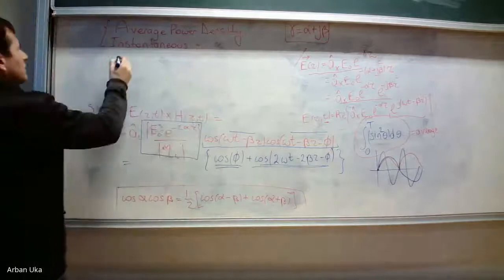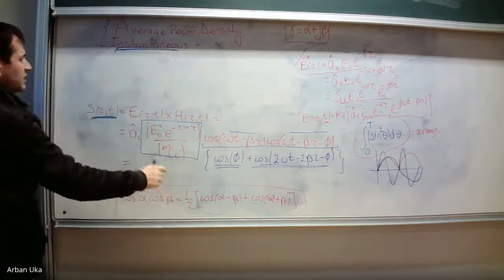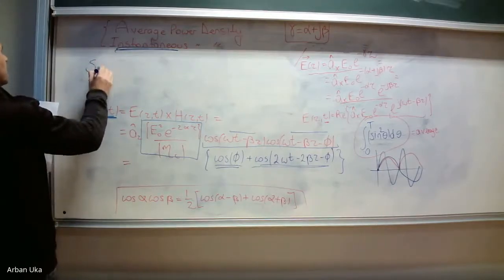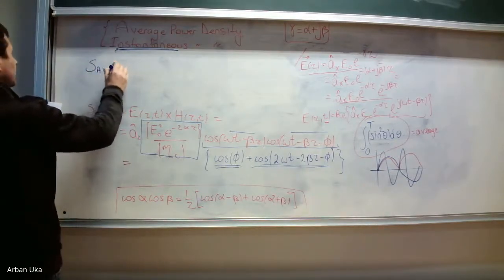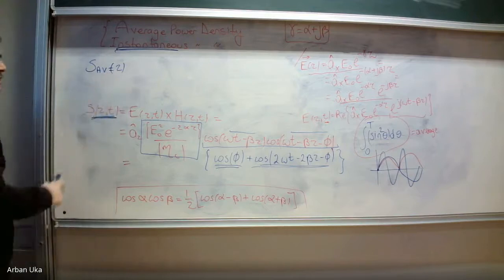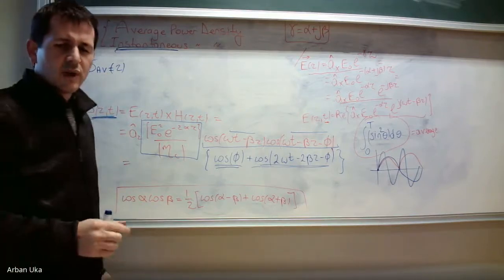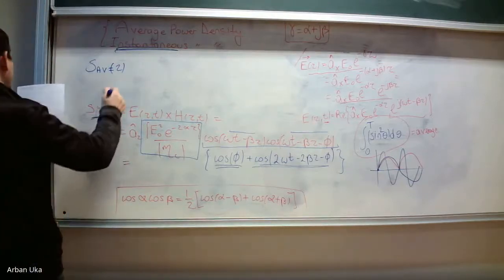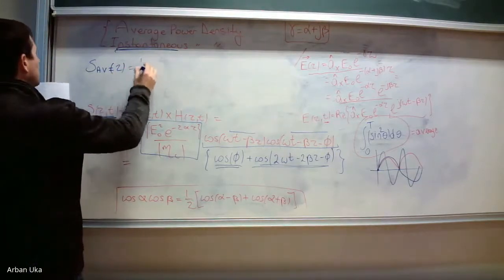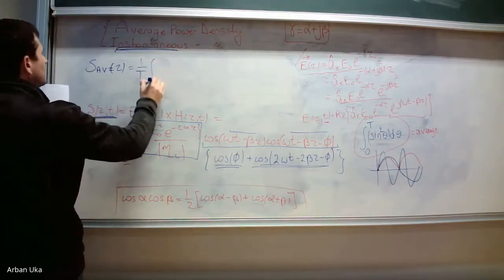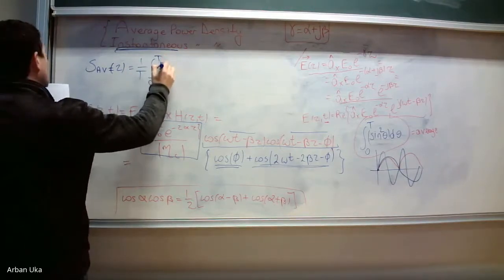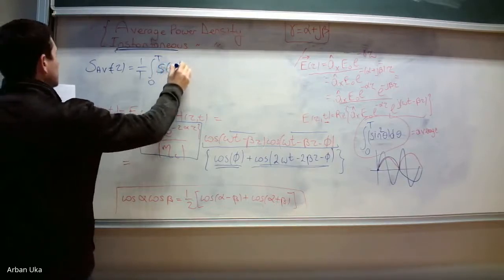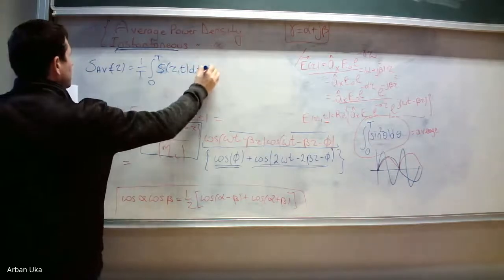So instantaneous, we wrote this one, it's right here. The average, we denote this one as S average as a function of z now. We say this as a function of z because when we find the average, we are going to integrate over time, so we are going to lose the time. We won't have time anymore. So this is equal to 1 over the period, from 0 to T, of S(z,t) dt.